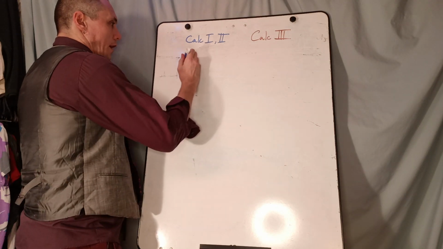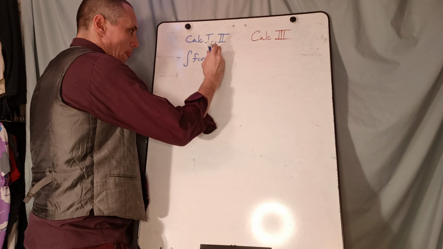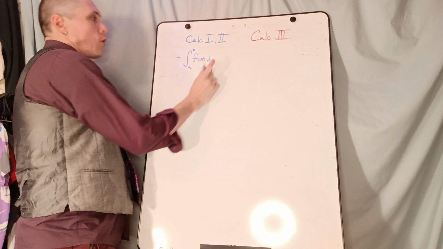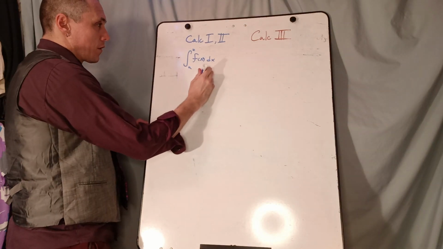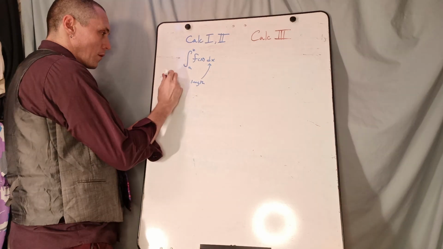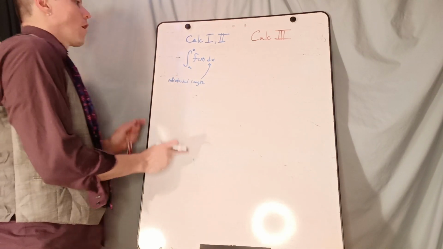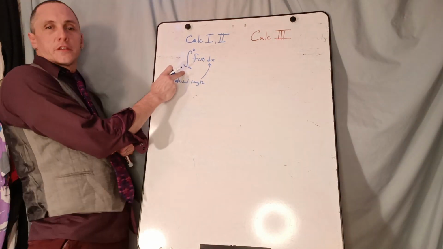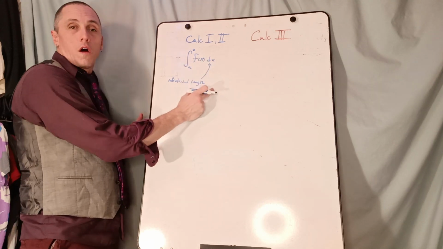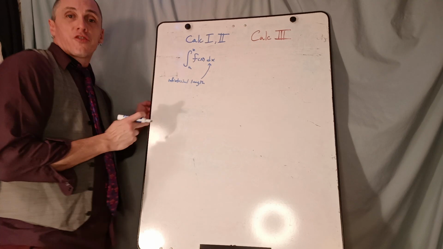So in Calculus 1, we considered things that looked like this. Our integrals are tiny sums, infinite sums of tiny steps in a certain direction along a certain length, weighted by the value of some function at that point.